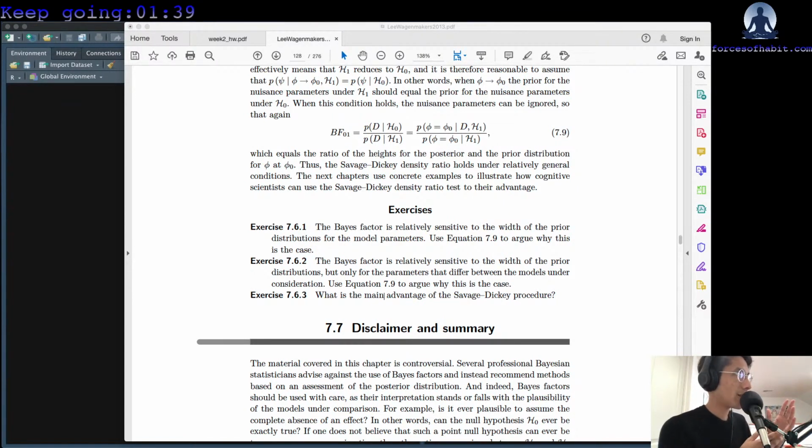As this ratio indicates, just because the two models are complex, I don't have to create a ratio that accounts for any of that other information that makes both of these models fairly complex. I only have to account for the small difference between the two structures because of the nesting.